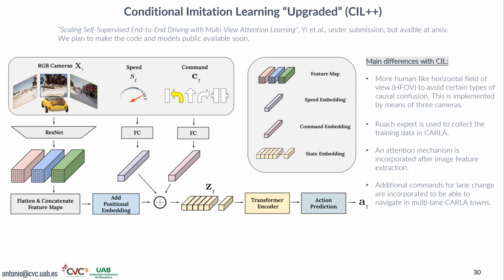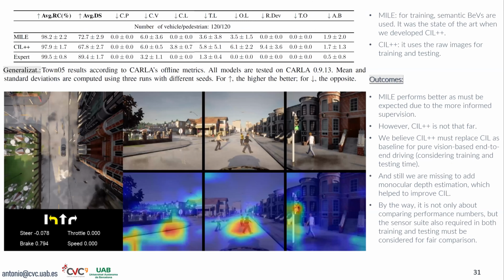With all this, where the wider field of view was done by just using 3 cameras, we trained a new conditional imitation learning system that we call ++. And we compared it with the state of the art at that moment, which is called MILE.